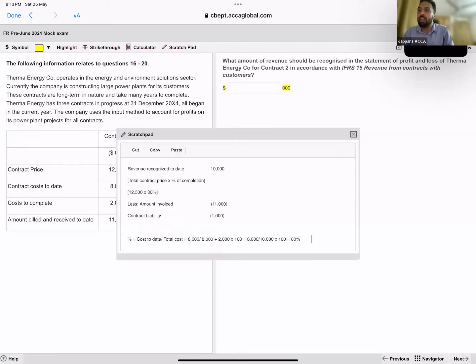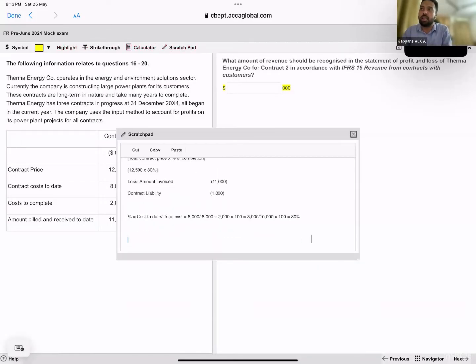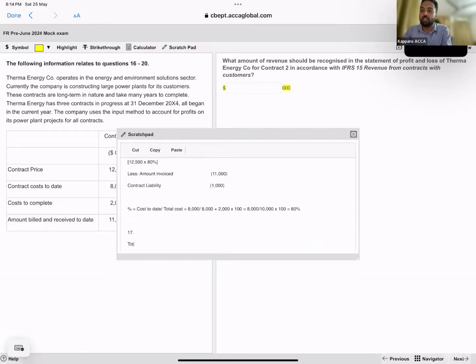Revenue in SOPL is total contract price multiplied by percentage of completion minus revenue recognized in previous year. Remember, all the contracts were started during the year, so there is no previous year.